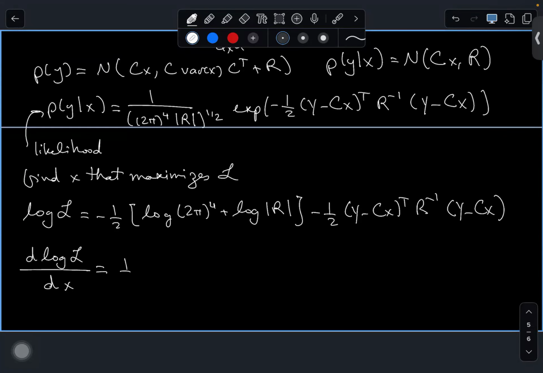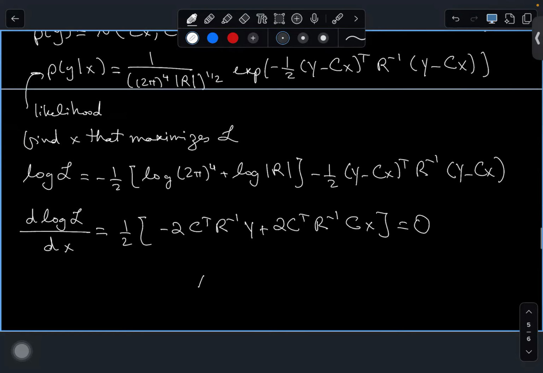This is going to be 1/2 of minus 2 C transpose R minus 1 Y plus 2 C transpose R minus 1 CX. Set that equal to 0. Solve for X, and I get the maximum likelihood estimate of X, which is (C transpose R minus 1 C) minus 1 C transpose R minus 1 Y.